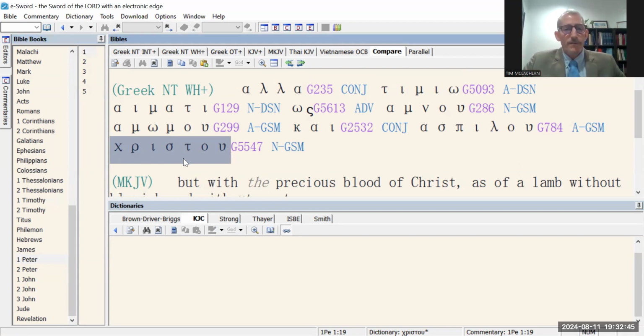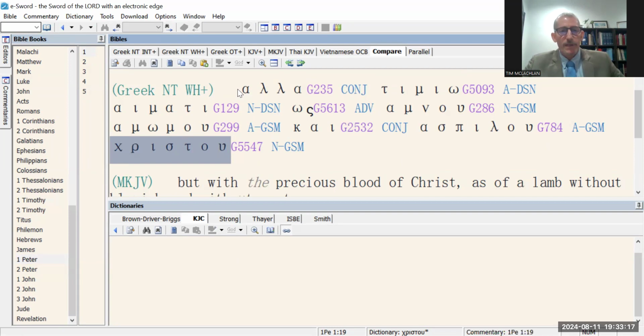The author, Peter, could have put haimati and then the word Christou there, and in English that would make sense: alla timio haimati Christou. But he didn't do that. He's emphasizing that Christ is the Lamb without spot and blemish, so he puts it into the middle. By the precious blood as of a lamb without spot and blemish, of Christ. That's sort of how it looks literally in the Greek.